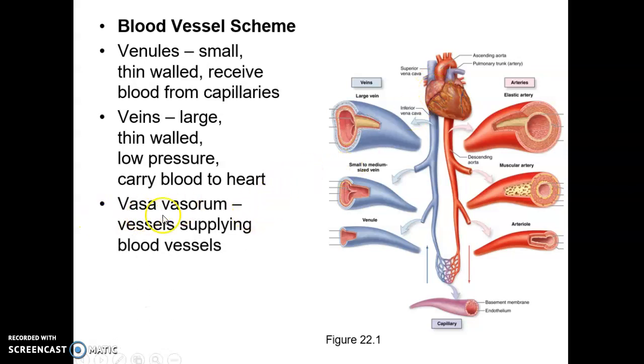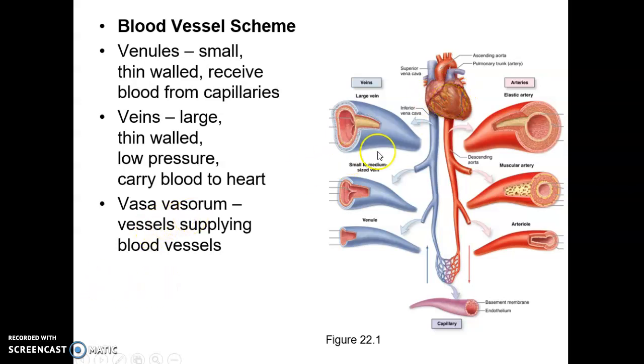The vasa vasorum are the vessels that are supplying nutrients to the blood vessels. So in a way, the blood vessels of the heart, the cardiac circuit or circulation, are transporting nutrients to the heart musculature.